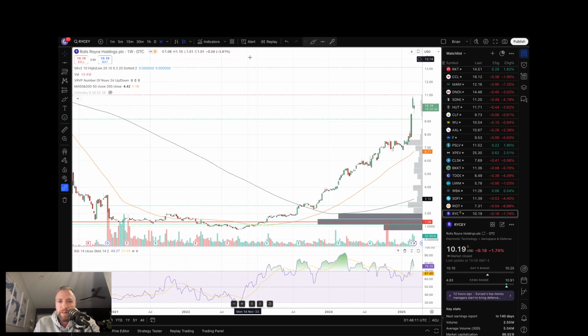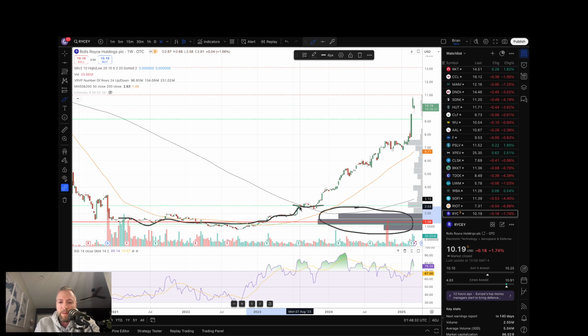The volume profile was pretty much right in this area, so once it got above this, it just started moving. You can see the first resistance line was right here, which turned to support once it broke it. So it had all this consolidation going on, started moving up a little bit, moved up to this first resistance line, broke it, and was past this volume profile. There's pretty much nothing over here.